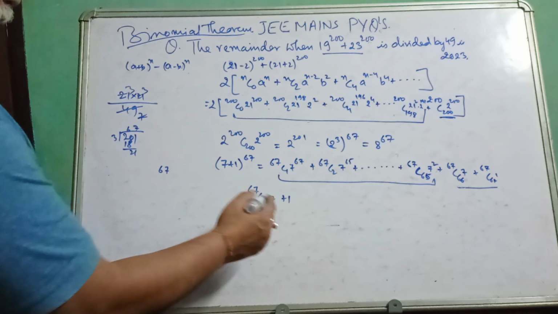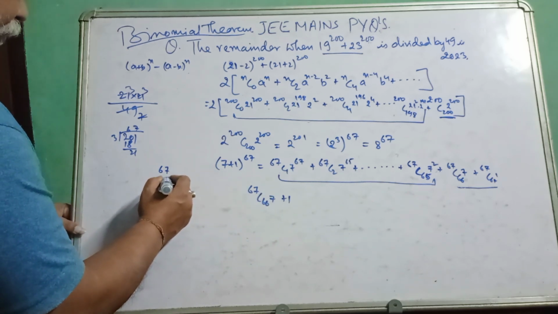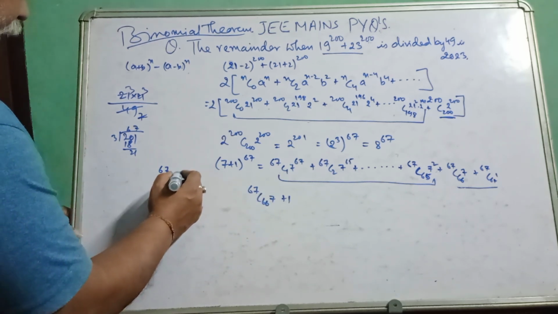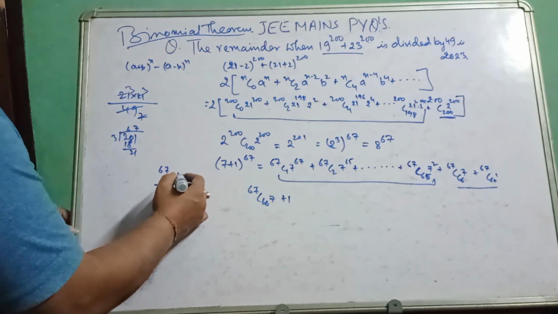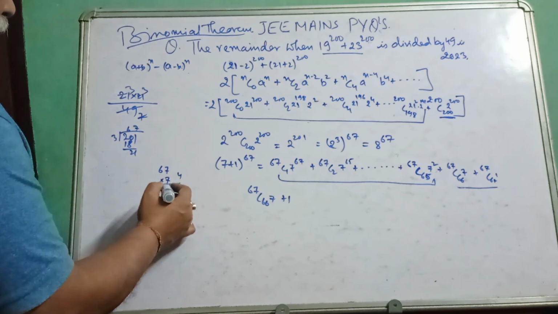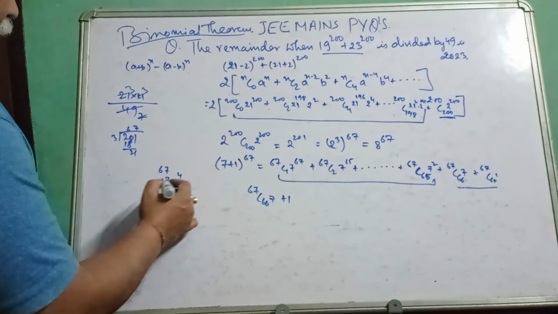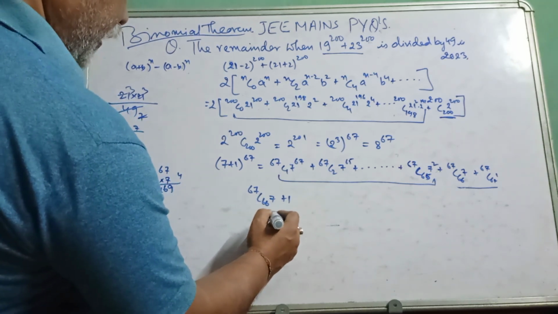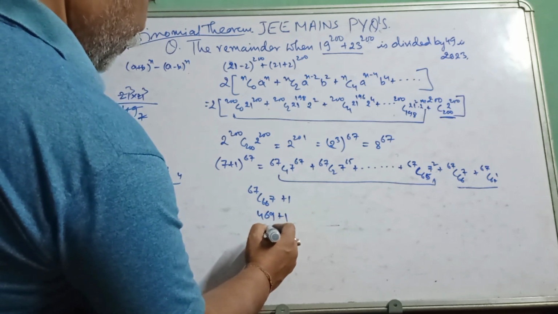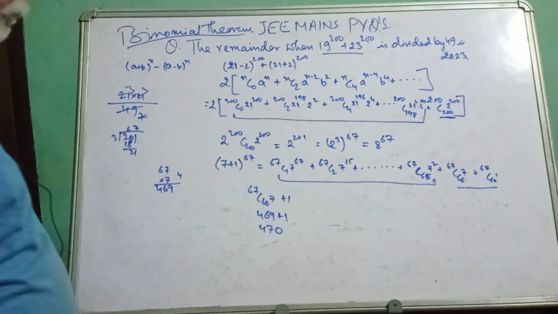So this will be 67 into 7: 7 7s are 49, 7 6s are 42, so 469, plus 1, so this will be 470.